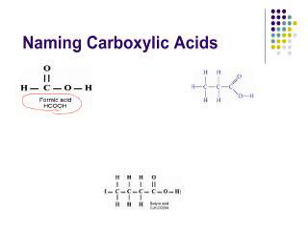So this is methanoic acid. All right, how many carbons are in this? 3. What's the name of an alkane with 3 carbons? Propane. There are 3 carbons, so this is propanoic acid.